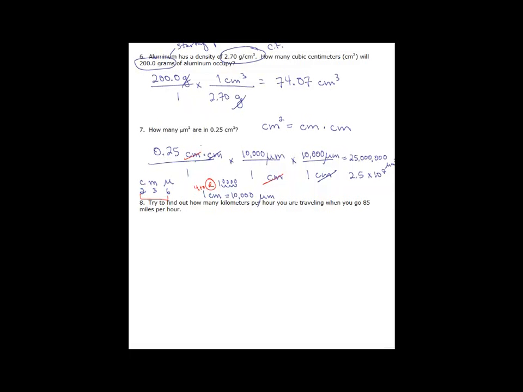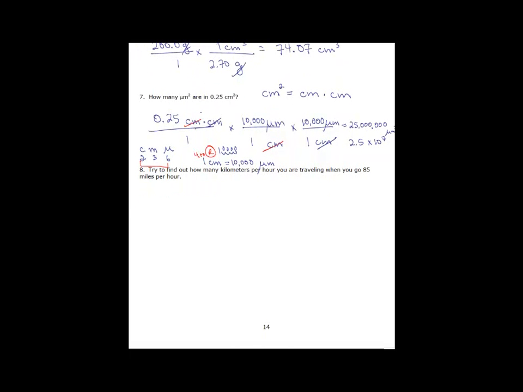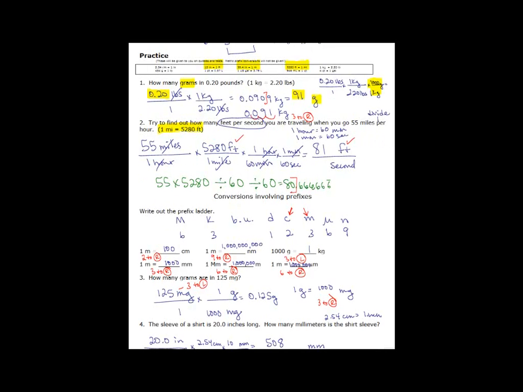There you go. All right, and the last one, try to find out how many kilometers per hour you're traveling when you go 85 miles per hour. So 85 miles per hour is your starting quantity. Okay, so I've highlighted these conversion factors that we're going to find useful.